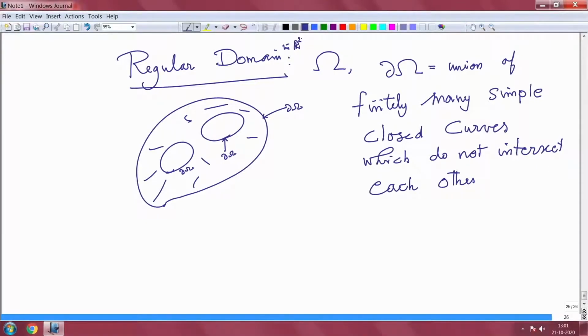A simple closed curve defines a bounded inside and an unbounded outside. That is very important to understand.